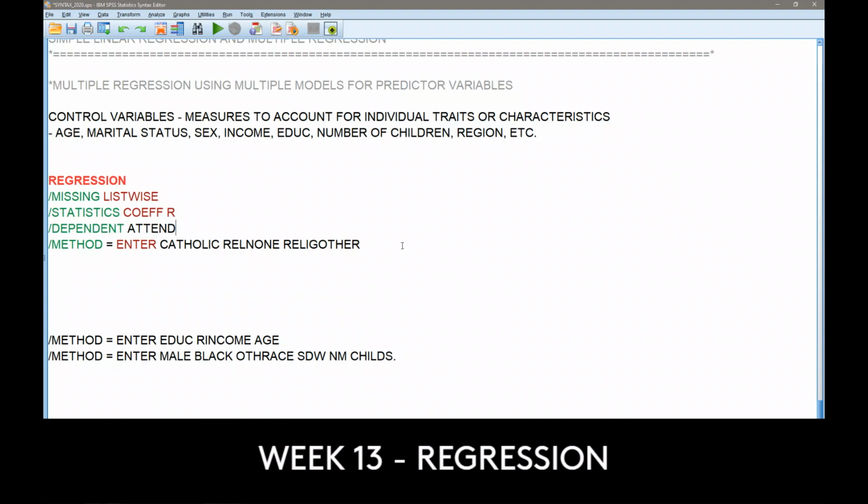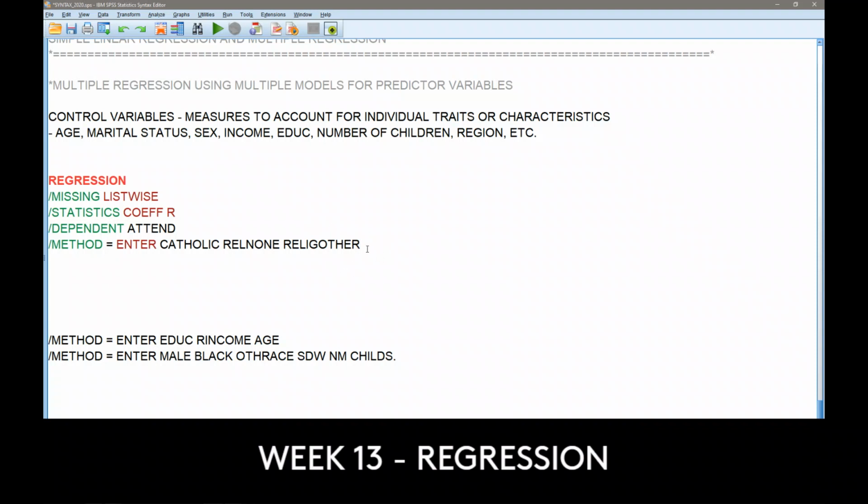We would suspect that the more conservative your religion is, the more frequently you would attend, because the guidelines outlined by these conservative denominations tend to ask a lot from the congregation members, including that they attend regularly to these religious services, okay?